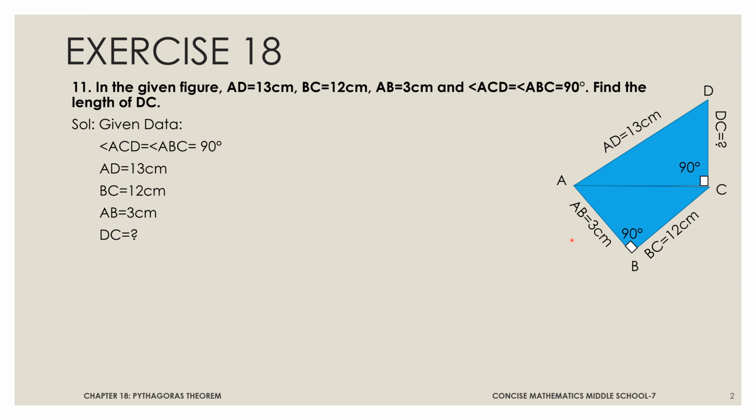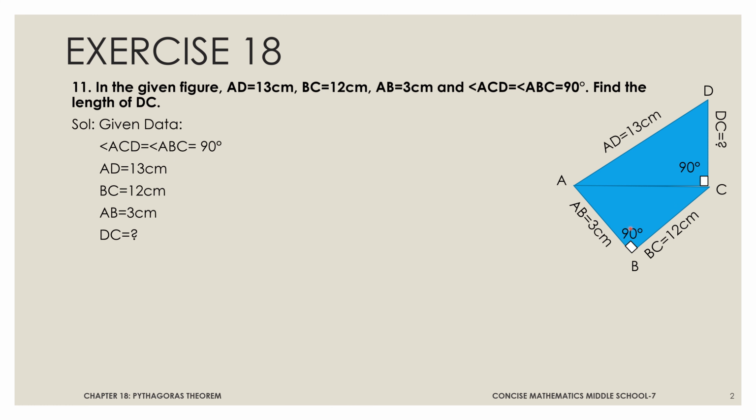But how to find it out? See, there is another right angled triangle towards the bottom. Here they have given this side length and even this side length, and we need to find only the hypotenuse. This is the hypotenuse, because there is an angle just opposite to this 90 degrees, always the hypotenuse. That's why I called it the hypotenuse, right?